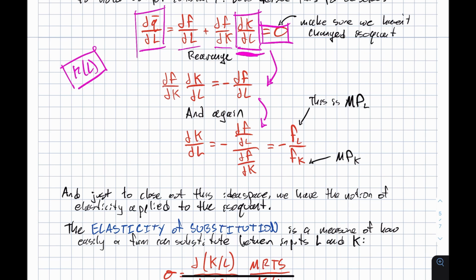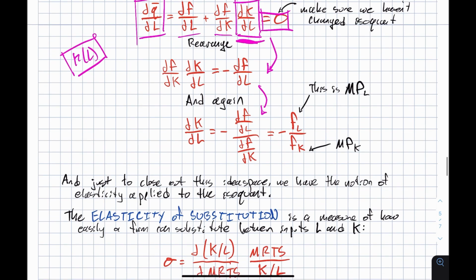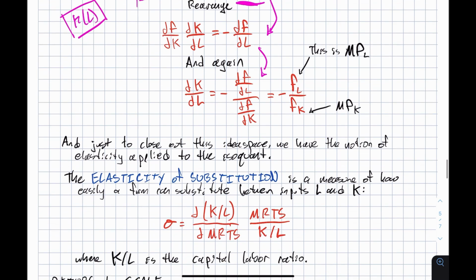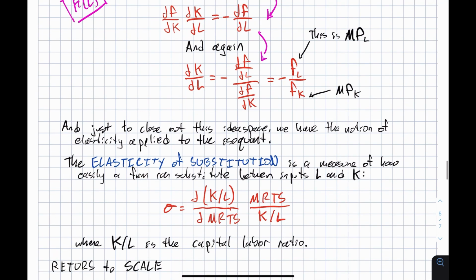And then all we have to do is rearrange. So what's nice is this comes out to be a relationship that, again, rhymes with the marginal rate of substitution, where on top we have the derivative of the production function with respect to one input, and on bottom we have with respect to the other.